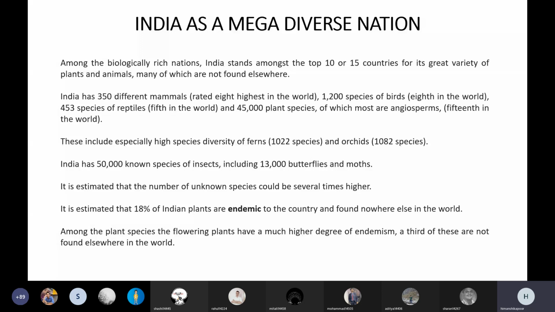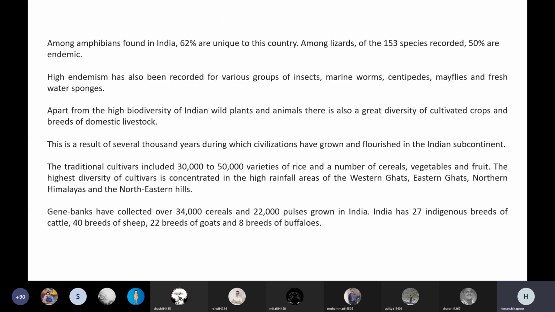And it is also showing a high degree of endemism if we see the flowering plants. So this is not found elsewhere in the world. So the degree of endemism is also very high in India. Among the amphibians, 62% are unique to India.